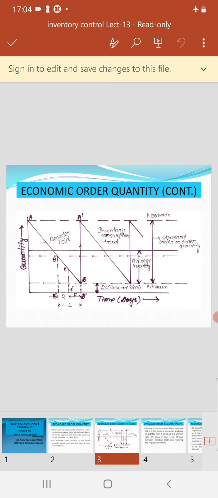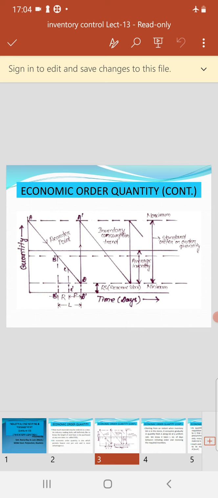So in this graph we can analyze how economic order quantity is decided. On the x-axis we have time or days, and on the y-axis we have quantity.